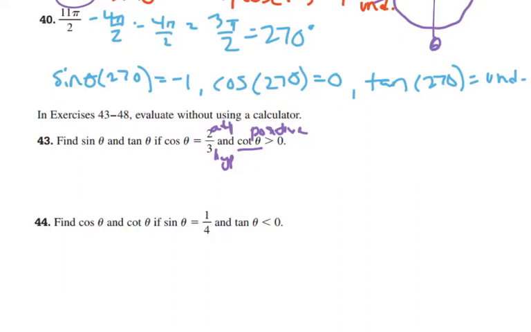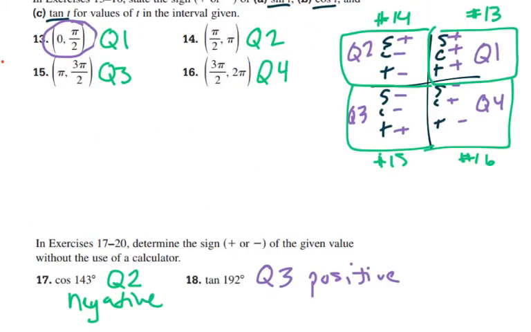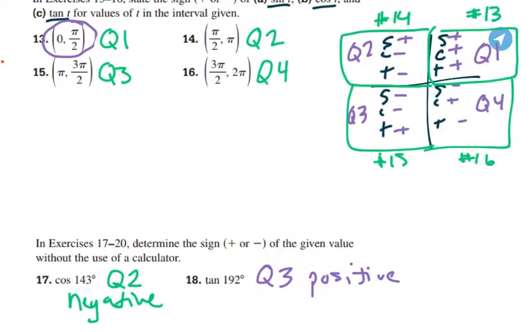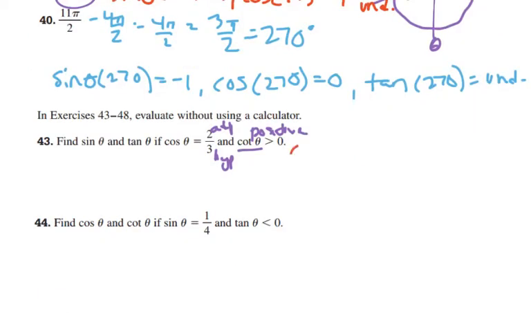So looking back at our previous example here, if cotangent is positive, then tangent is positive, and so we're looking at either being in quadrant 1 or quadrant 3. And so if I'm looking for cosine, that means that I'm looking for quadrant 1, that's up here, or down here.